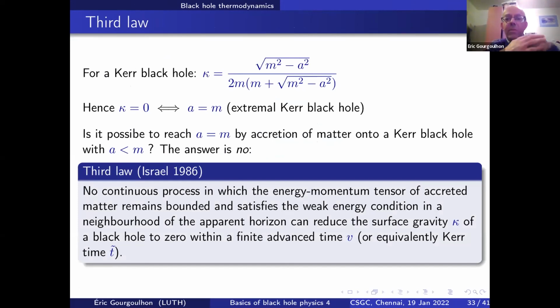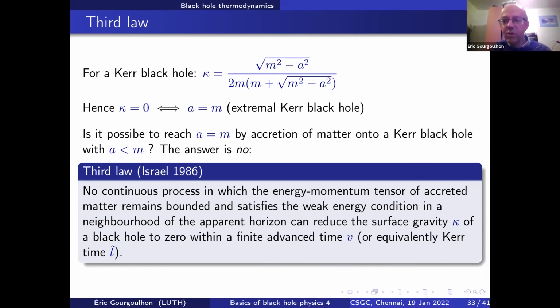Yes, we may ask the question, because this was in the way to establish the third law. If you have in mind the third law of thermodynamics, it says that you cannot reach zero temperature. If you take a physical system at finite temperature, you cannot cool it down to exactly zero. This is the content of the third law of thermodynamics.